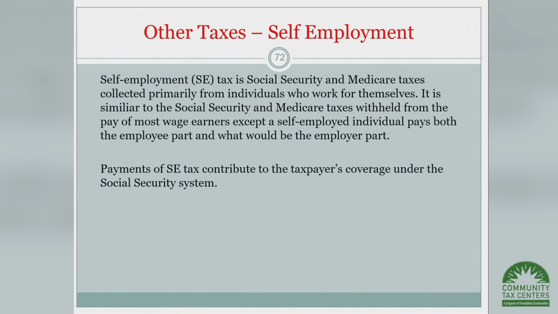Most W-2 workers had the wages, the Social Security, and the Medicare. Remember those lines 1, 3, and 5? Now these individuals, your plumbers and contract workers, see this tax at the end of the year for the full amount.